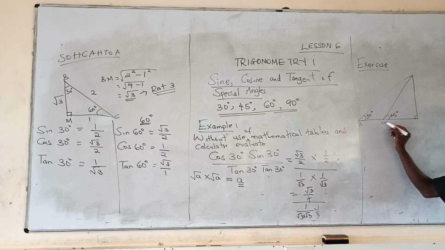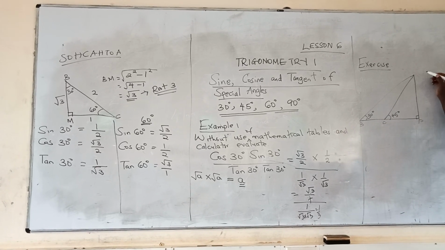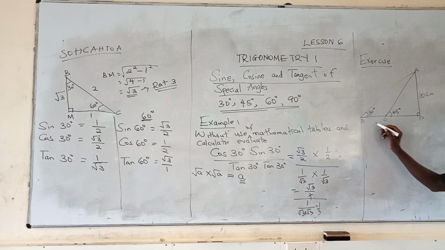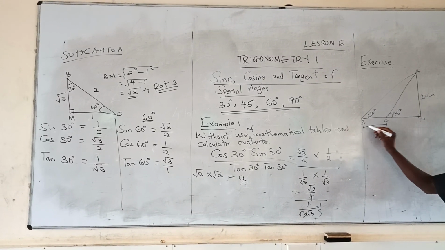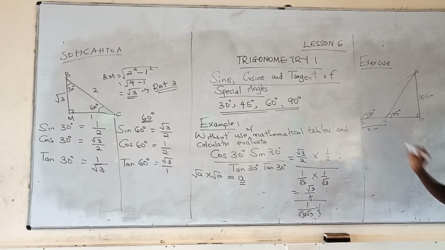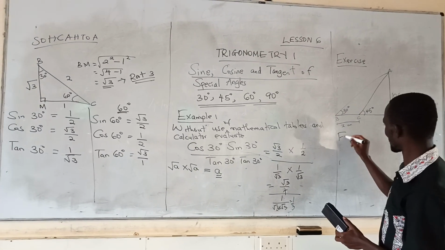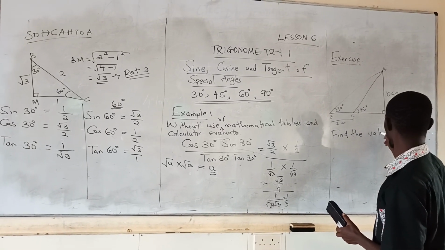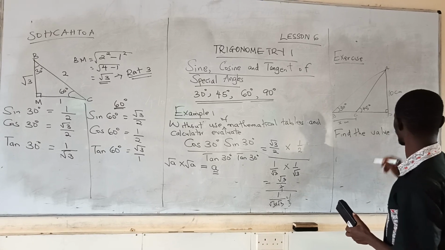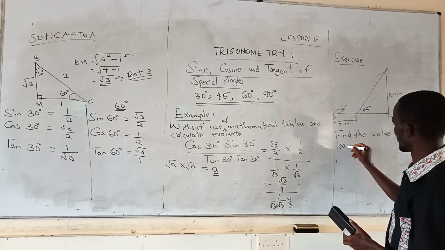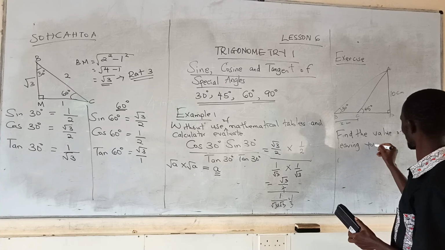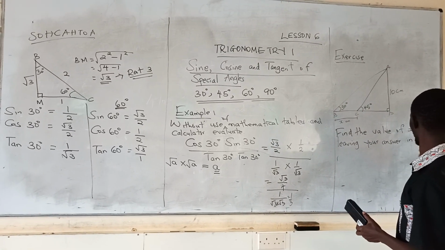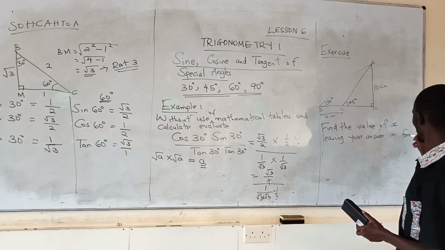This is B, C, D. Then you have A. This is 10 centimeters, and this is X centimeters. Find the value of X, leaving your answer in the form of the root sign.